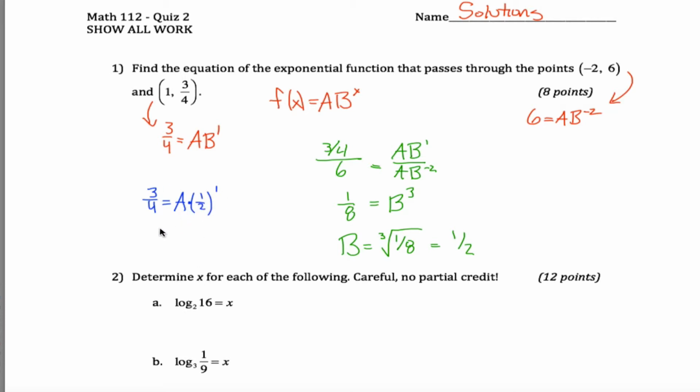If you multiply both sides of the equation by 2, you get that 3/2 equals a. So my answer would be f of x equals, instead of a, I'm going to write 3/2. Instead of b, I'm going to write 1/2 and raise that to the x power. And there's my answer.